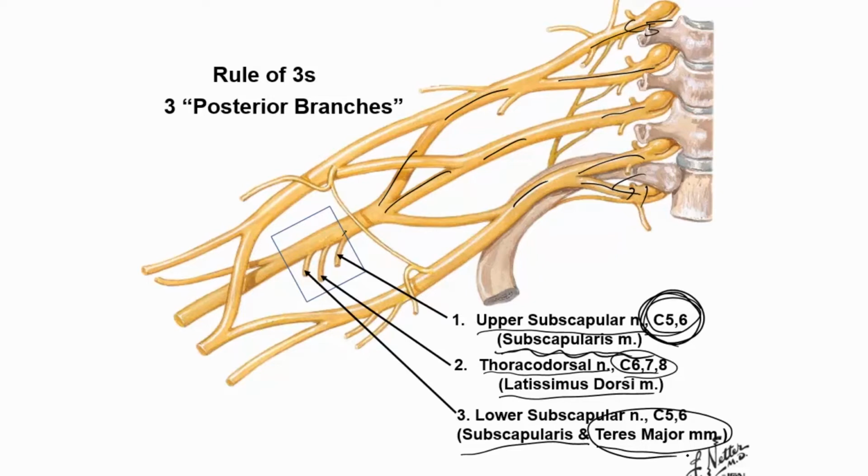This is a muscle coming off the lower portion of the scapula that crosses internally and attaches anteriorly on the humerus and is an internal rotator right along with the subscapularis. The lower subscapular, going to muscles of the shoulder, contains fibers from C5 and C6.